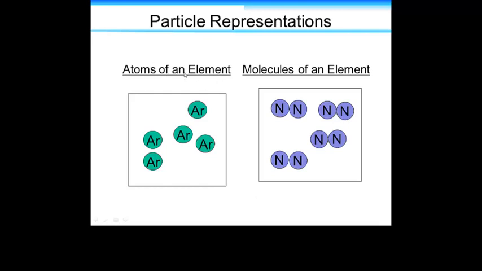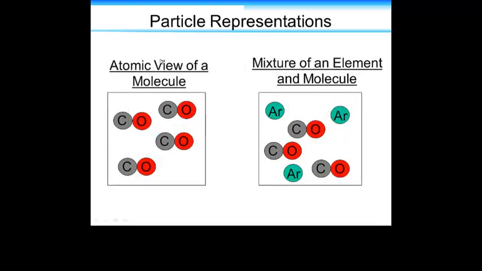So here are just some particle representations. Here's maybe argon gas in a container. Argon is one of the noble gases. Then here are some molecules of an element. Nitrogen bonded to itself in nitrogen gas. Then here we have a molecule with two different elements, carbon monoxide, a deadly gas that we'll talk more about, and we've talked a bit about already.